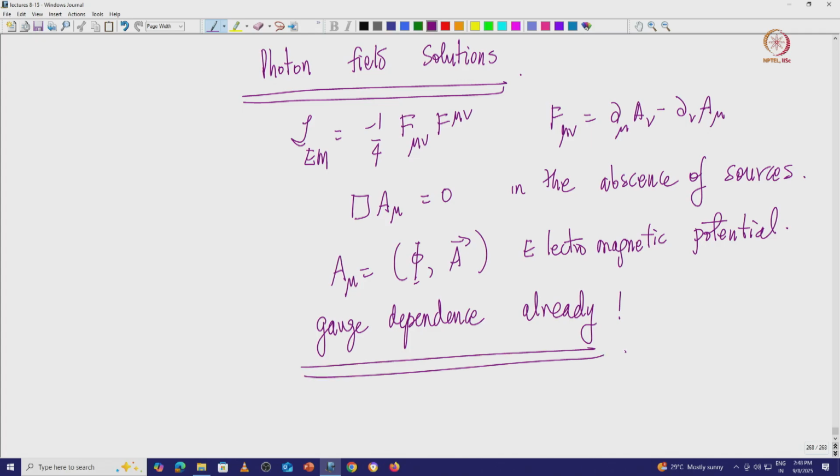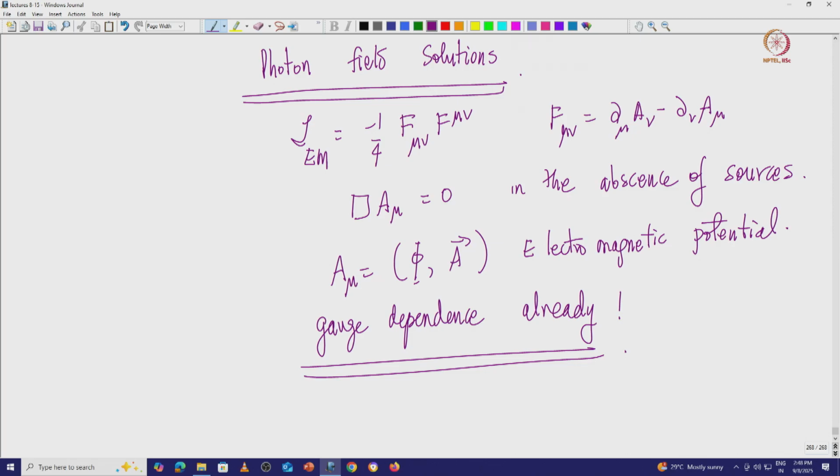If you remember, gauge is essentially the choice of A vector. A vector is not unique, you can have several choices which give you the same Maxwell's equations. Okay, you do not have a large variety of choices of A vector available essentially.